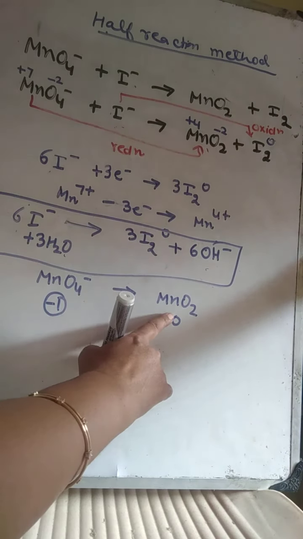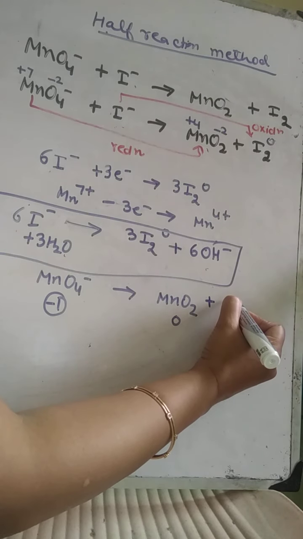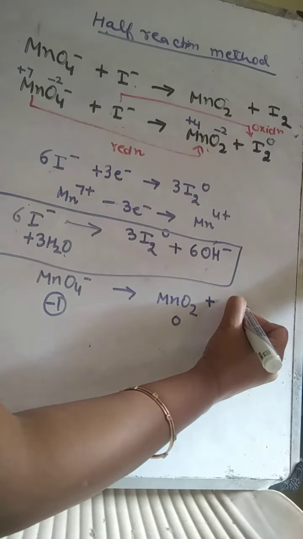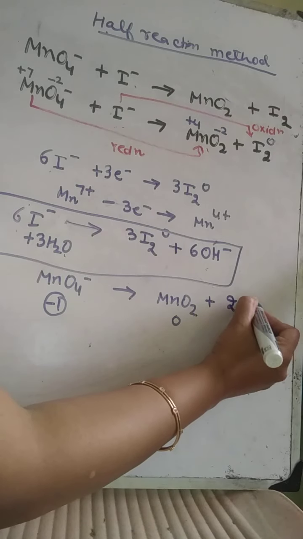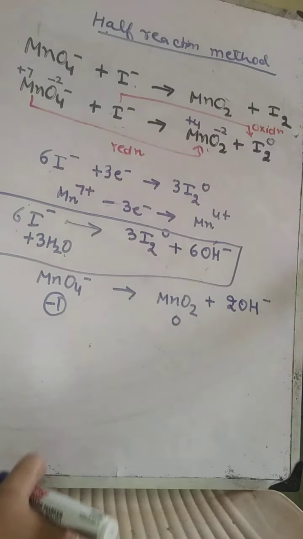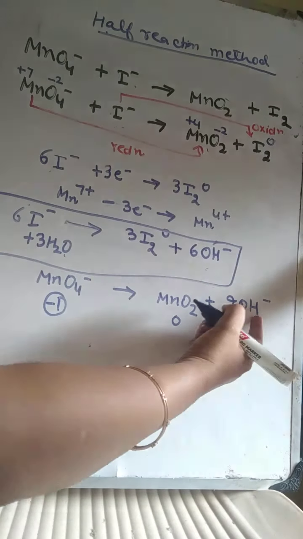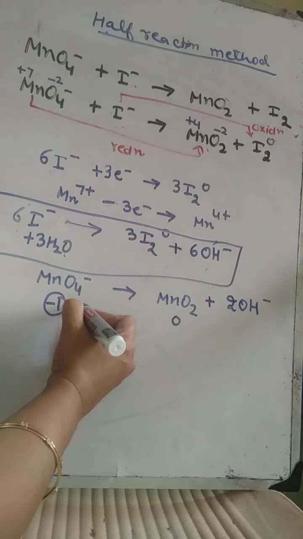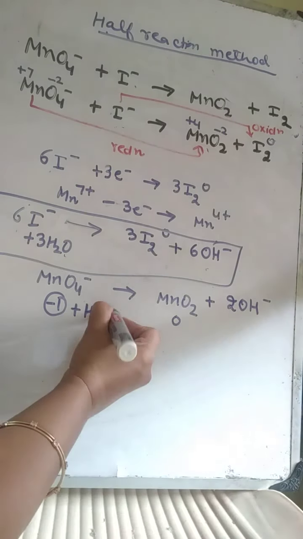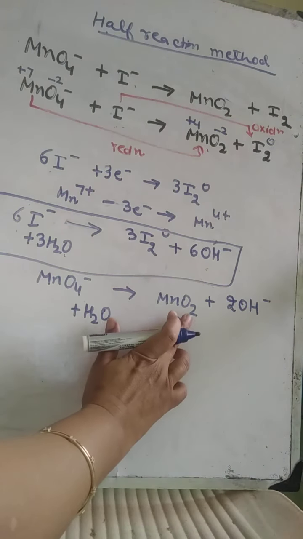To make the charge -1 on right hand side, I will add two OH negatives on this side, and to balance this two OH negatives, I will add one water molecule on this side. Okay, and this is my second half cell equation.